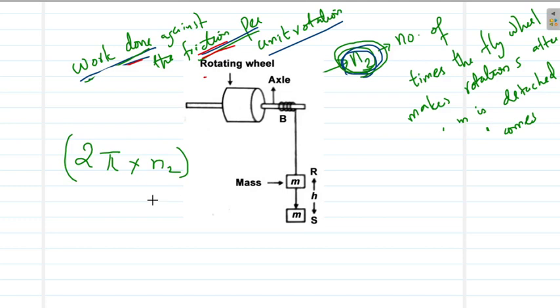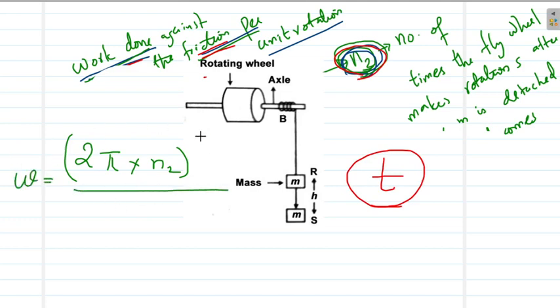So this much angle is covered by this flywheel, and we have also noted down the time taken for these N2 rotations, which was denoted by T. So we can state that the average angular velocity of this flywheel system is equal to the total angle divided by the total time taken, which is 2 pi N2 by T. This expression is obtained from our simple knowledge about the system. This much angle is covered during T time.